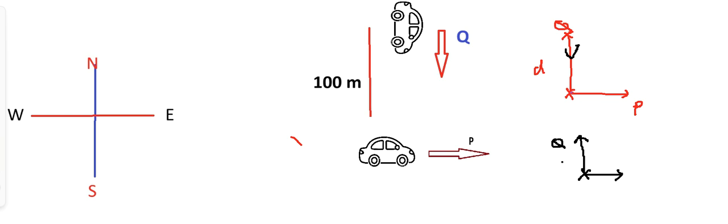Because in relative velocity, the observer always feels that he is at rest. So here I am observing the velocity of P with respect to Q. Since these two are acting at 90 degrees and the velocity vectors' magnitudes are the same, both are moving with the same speed, the relative velocity will be along northeast.